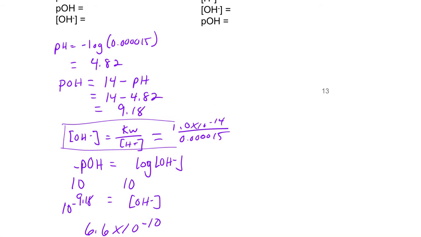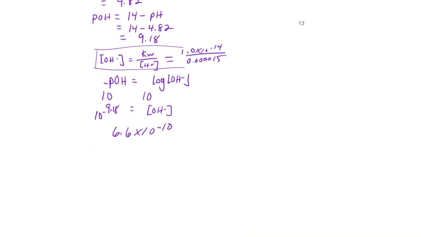When I'm going from pH to H plus concentration, I find it easiest to use this equation. So just in general, the concentration of H plus is equal to 10 to the minus pH. Does that make sense? Yeah.